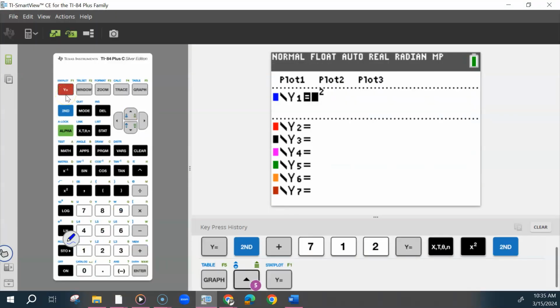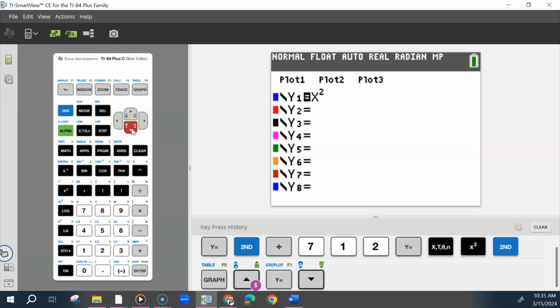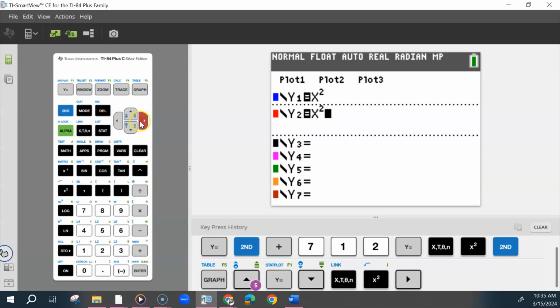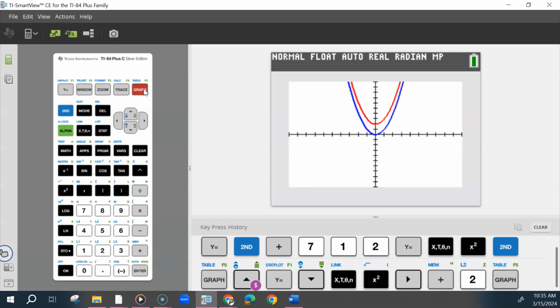Go back to y equals in your next line. Change it to the first box. So x squared plus 2. And then graph it. Don't look at the table, just graph it. So yours, you'll just see two different black lines.